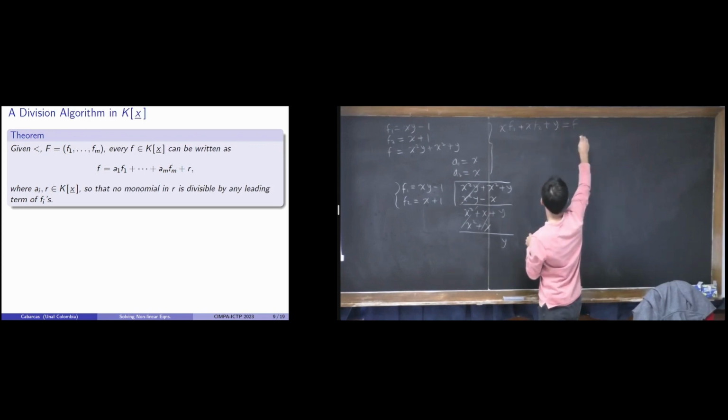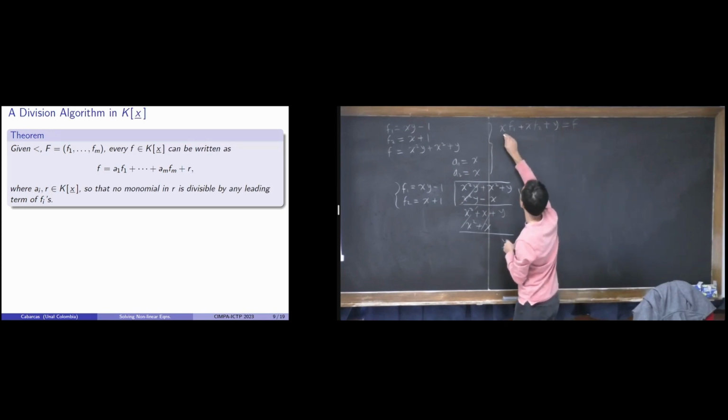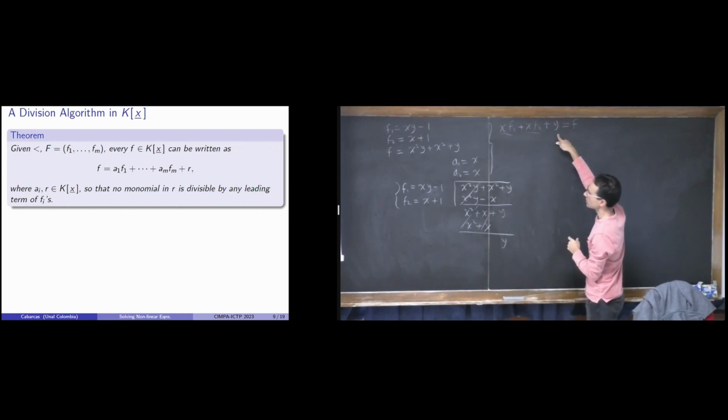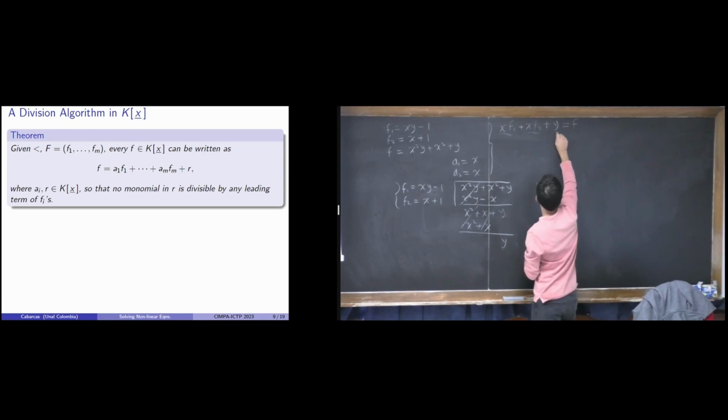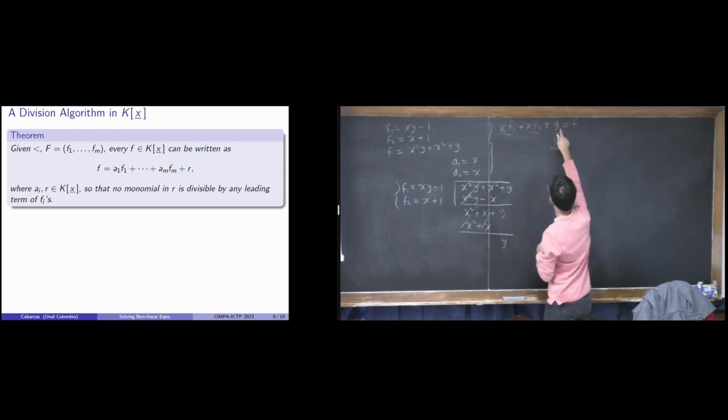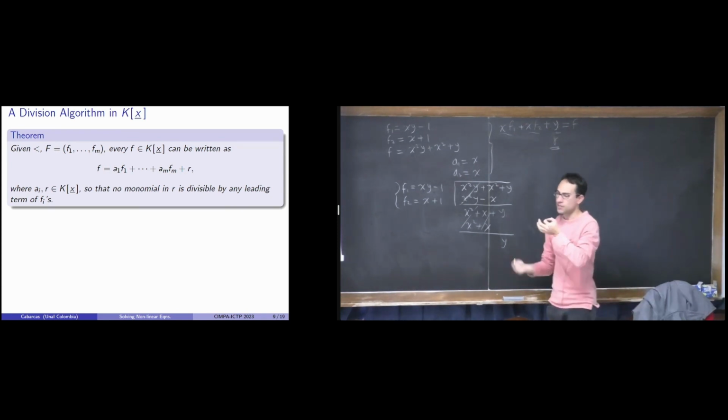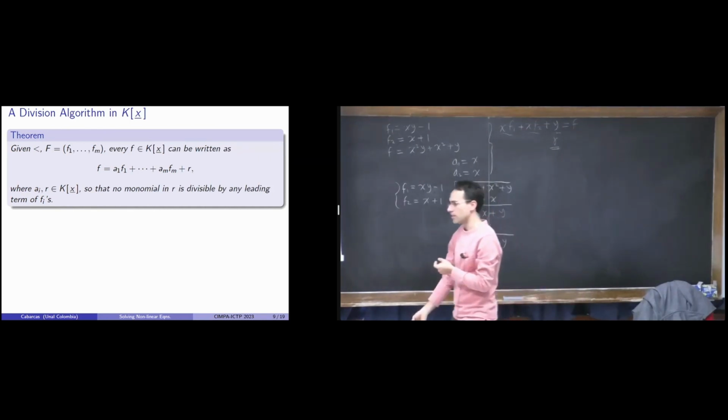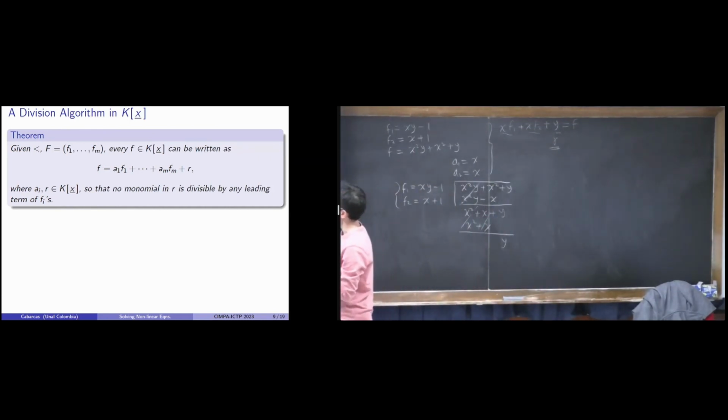So f can be written as x times f1 plus x times f2 plus y. This y is the remainder, none of whose terms is divisible by any of the leading terms of f1 and f2.